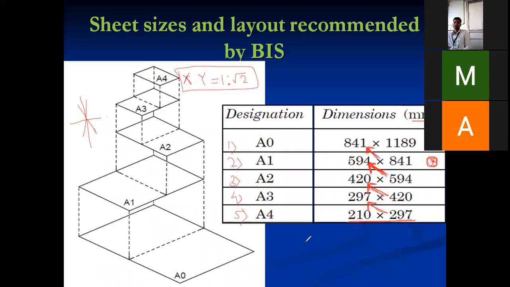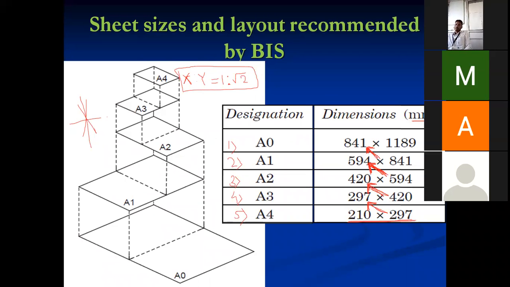Which is the largest sheet size? A0. A0 is the largest sheet size. Which is the smallest sheet size? A4. A4 is the smallest sheet size. Very good.